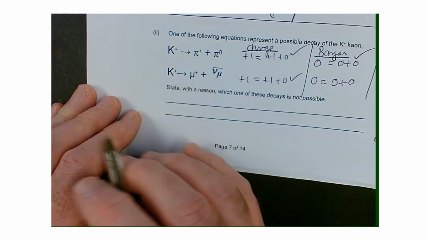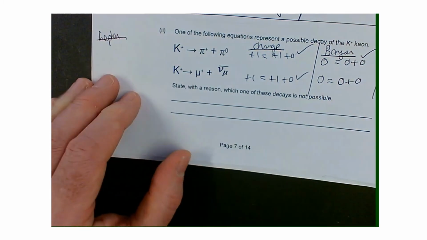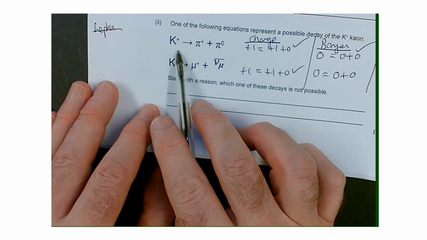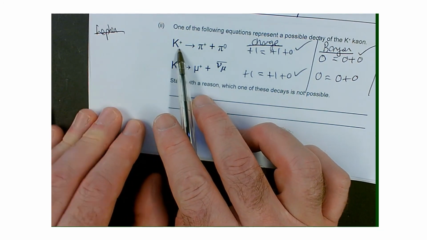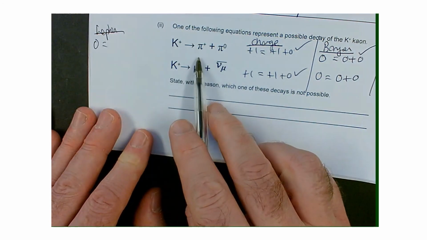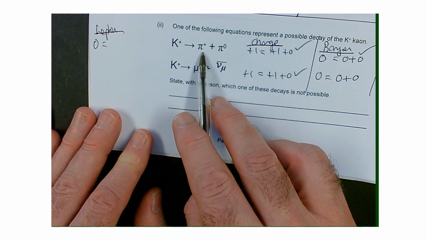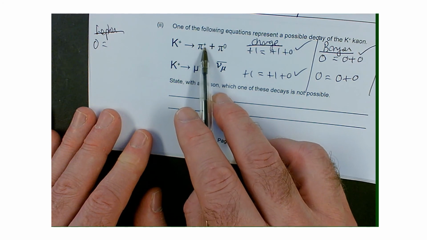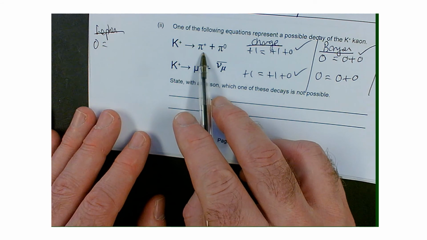And then I've got the lepton number. Edwin, for the top equation, looking at the lepton numbers, what's the lepton number for the positive kaon? 0. And that is equal to, on the right-hand side, the lepton numbers for the positive pion at the top. What's its lepton number?